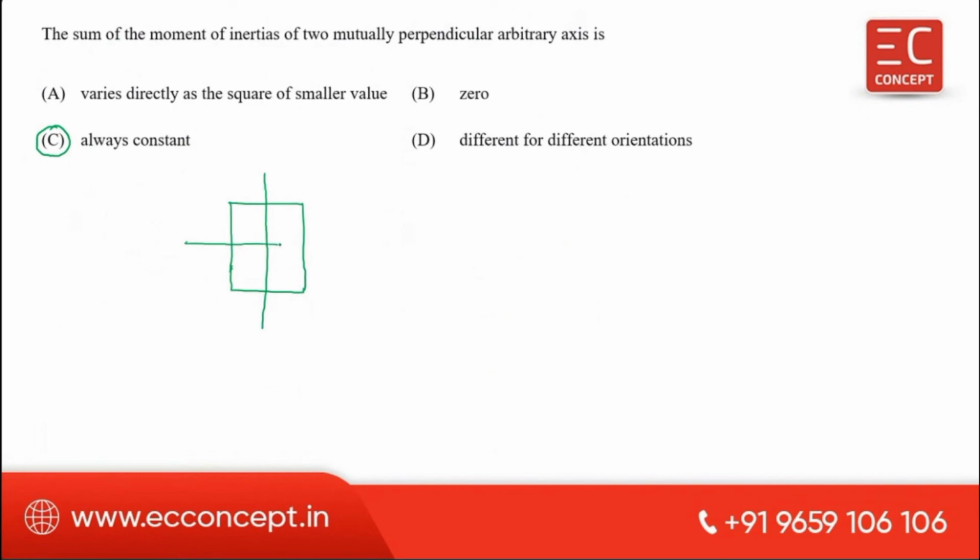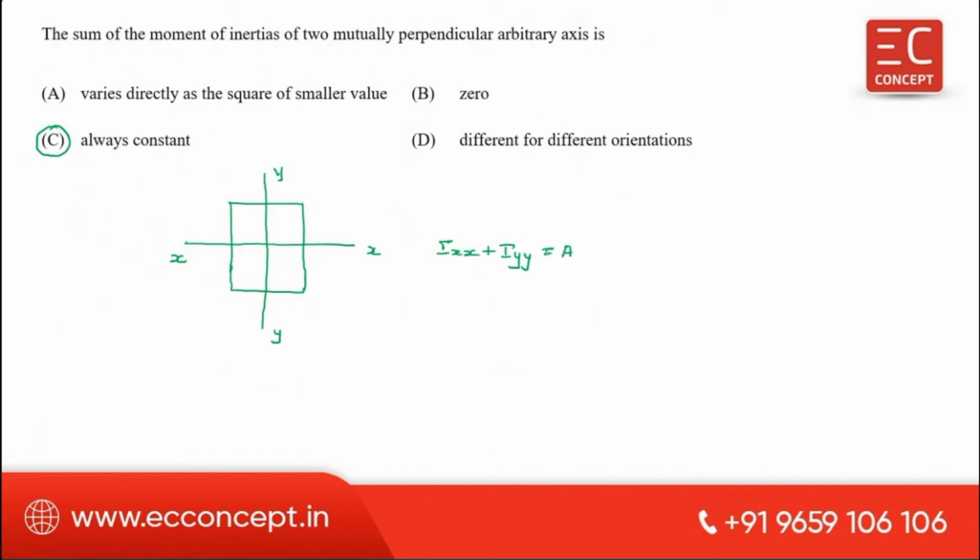This is xx and this is yy. Moment of inertia about xx plus moment of inertia about yy is equal to one value.